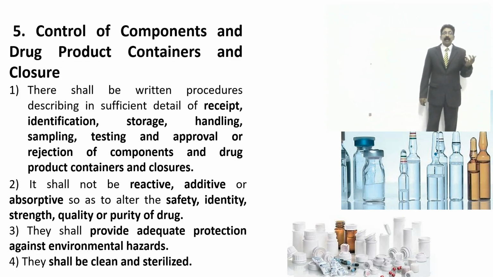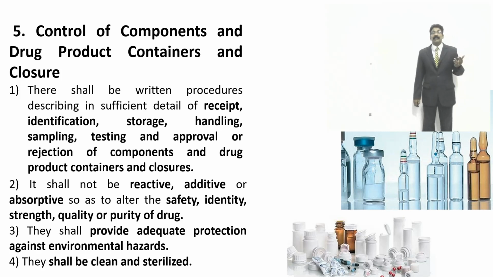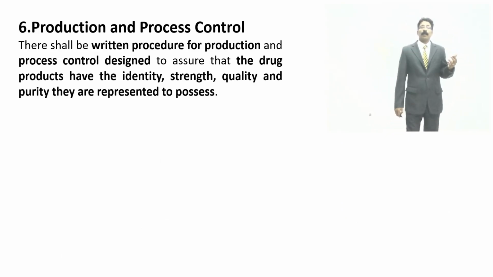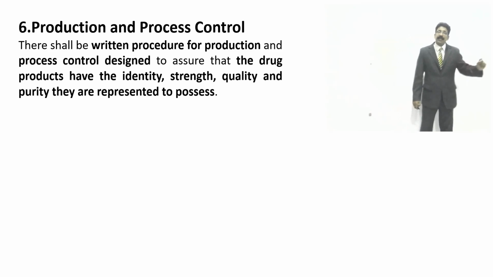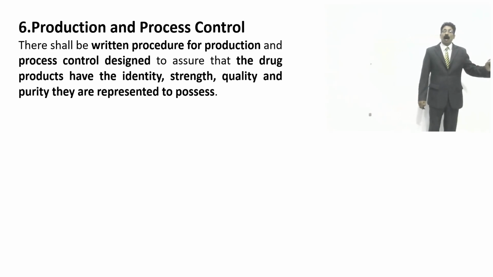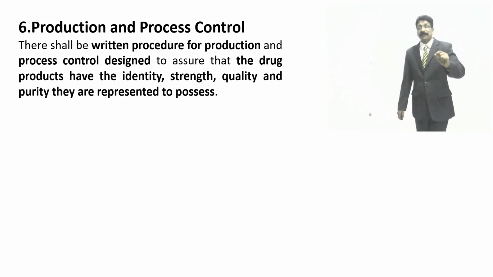The containers shall be clean and sterilized. And number 6, production and process control. There shall be written procedures, even computerized, specifically denoting how the various processes are happening.